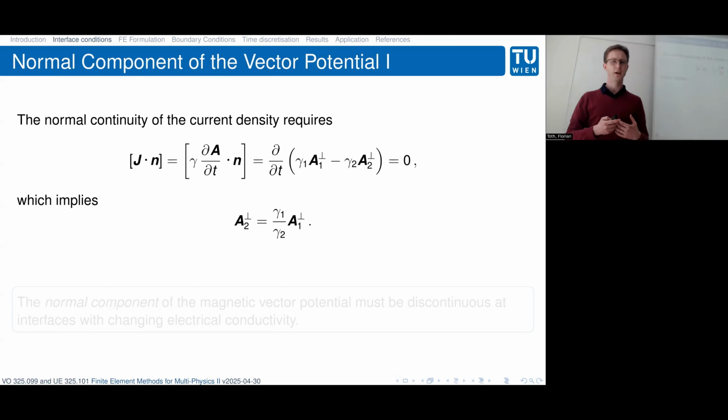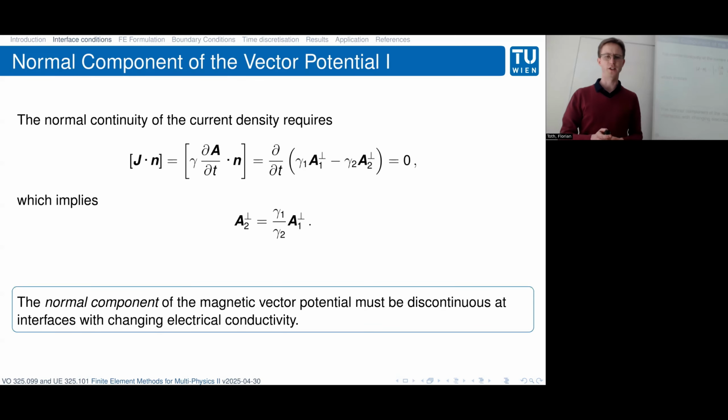This relationship depends on the electric conductivities. So we can only make this zero if the A1 normal and A2 normal are in general different, so they are not continuous. So the normal component of the magnetic vector potential must be discontinuous at interfaces with changing electrical conductivity.